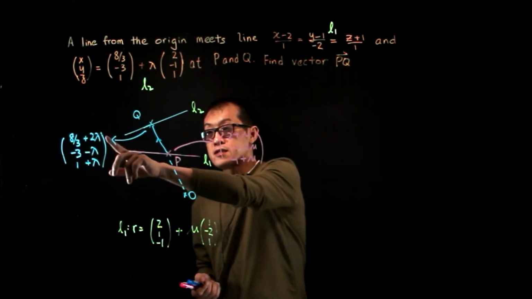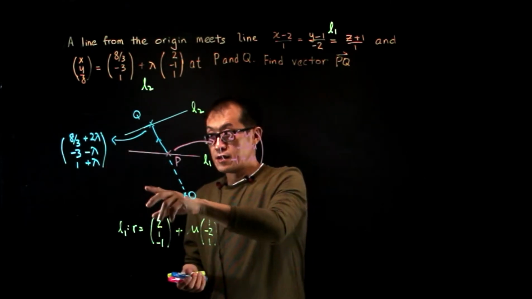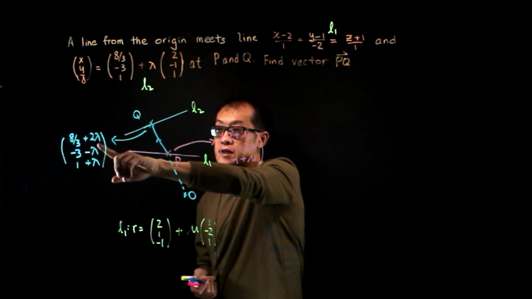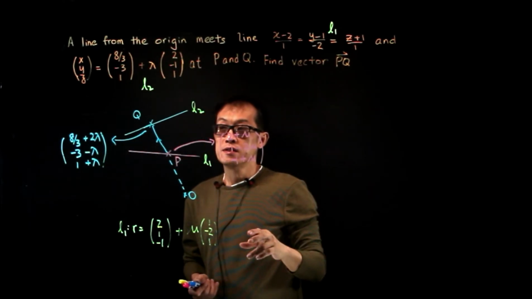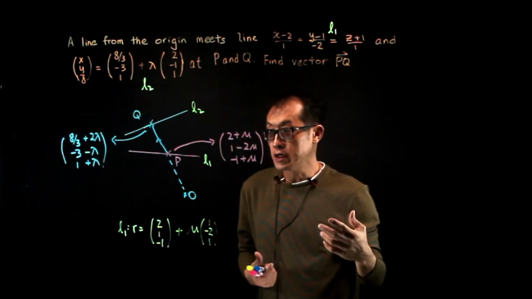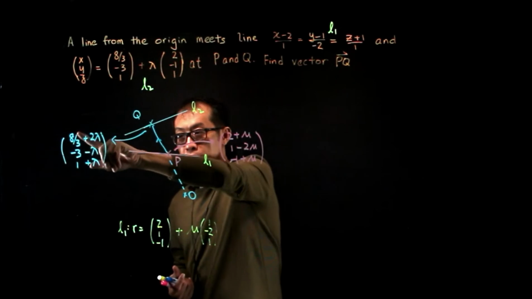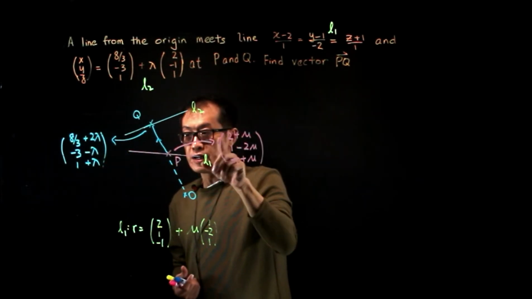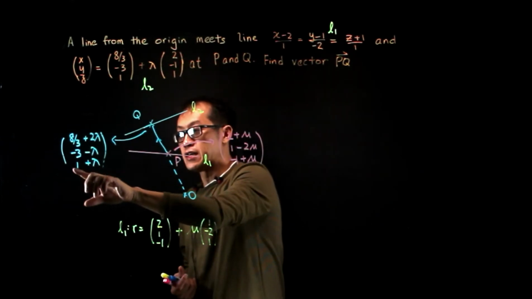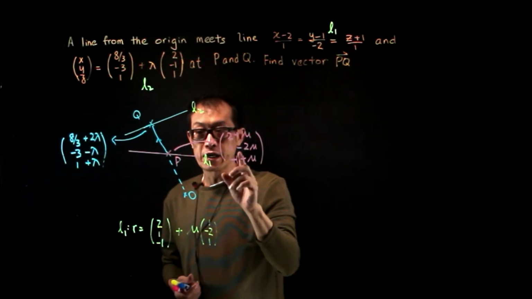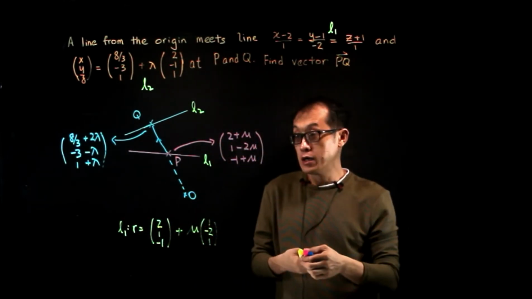Now, since they are parallel, the I component of this over the I component of this will be equal to the scalar quantity. That means the I component divided by the I component will be equal to the J component divided by the J component, and the K component divided by the K component. They will be equal because they are parallel.